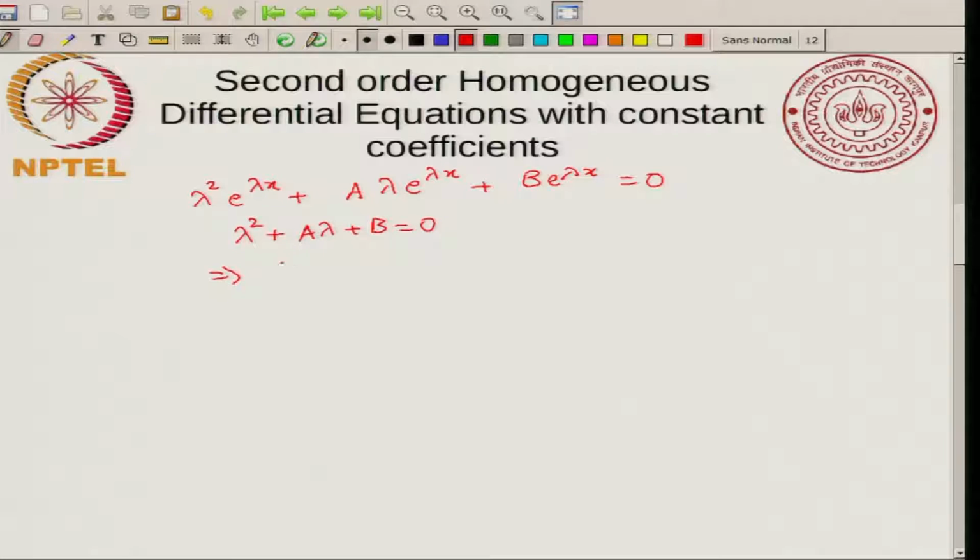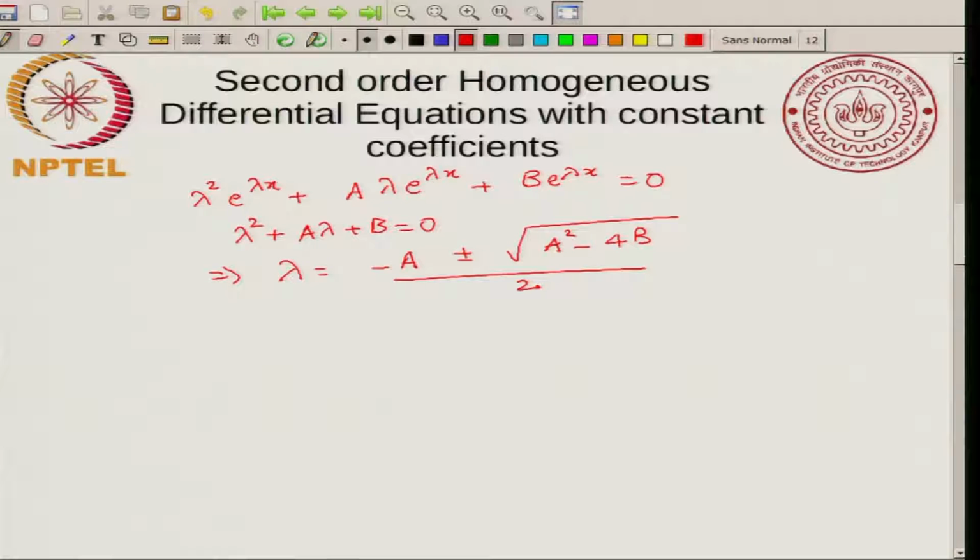So, this implies lambda equals negative a plus minus square root of a square minus 4b divided by 2. So it is a quadratic equation and these are the solutions.